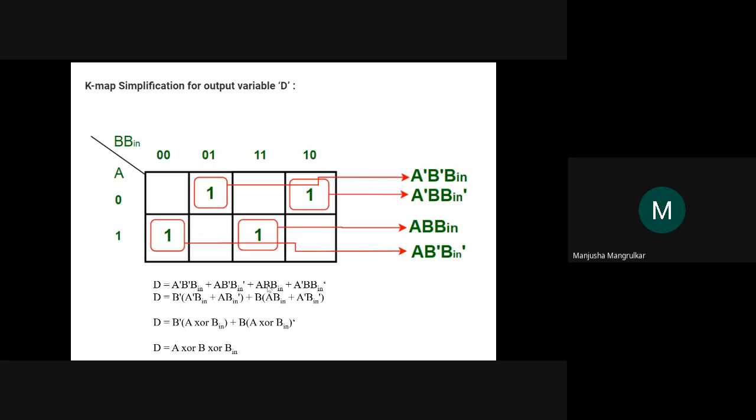Now here I am taking Bin common: A B and A complement B complement. This is A XOR B complement, right? So now here we can see the B complement, and suppose I assume this is Z, so B complement Z plus B Z complement. What will be the reducing method for this?